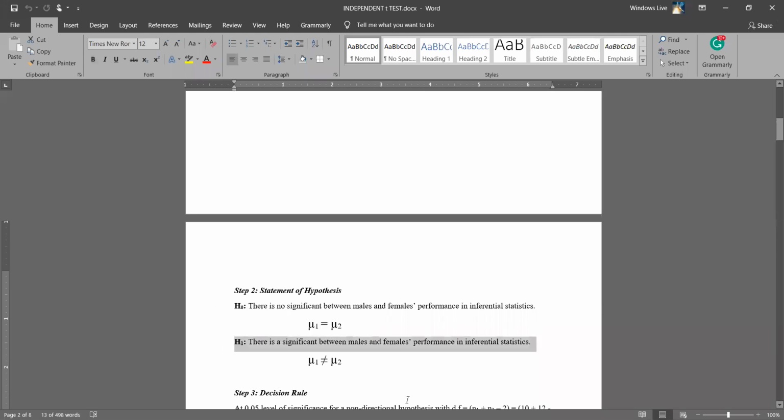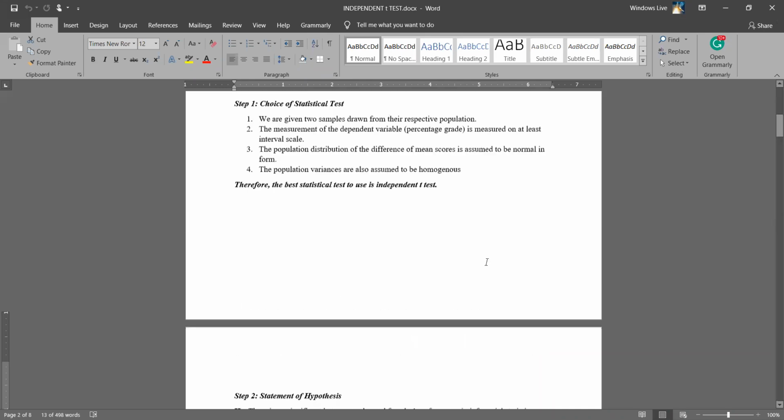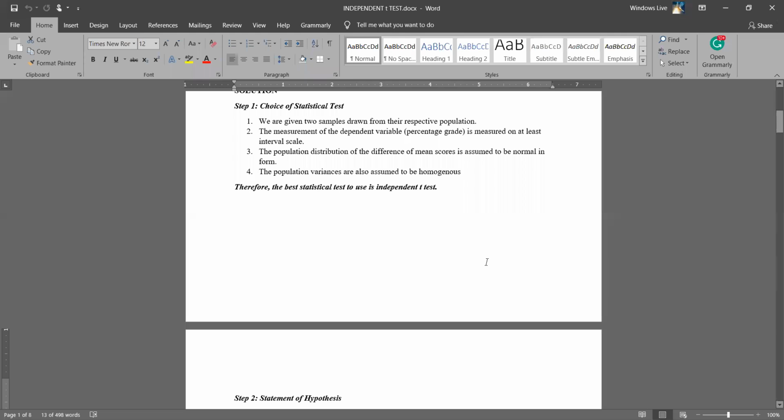We normally say that the alternative hypothesis is the researcher's hypothesis. You can find it within the question given to you, because in the question, some predictions have been made, and that will be your alternative hypothesis.